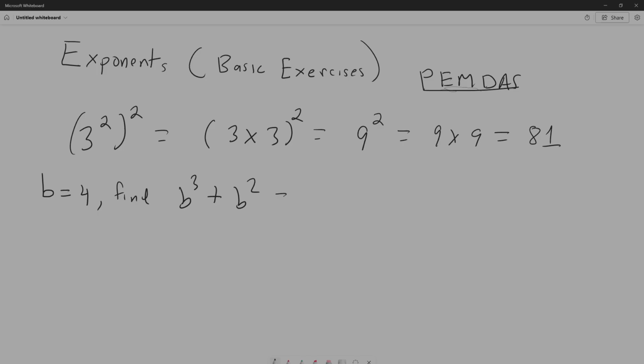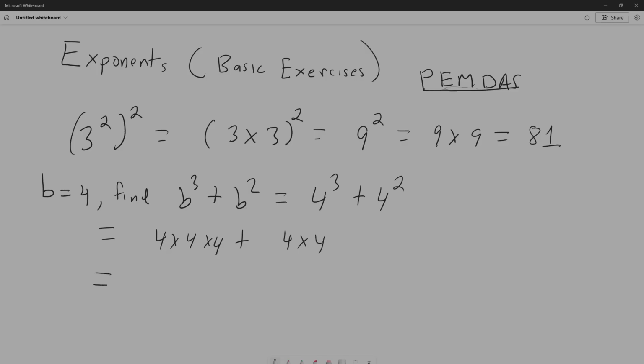So b cubed plus b squared becomes 4 cubed plus 4 squared, and that's equal to 4 times 4 times 4 plus 4 times 4.